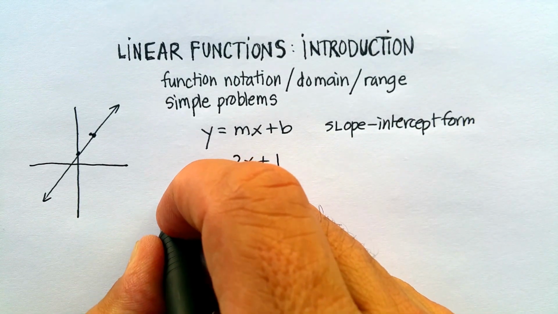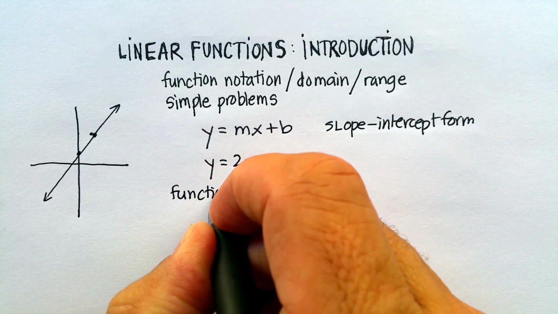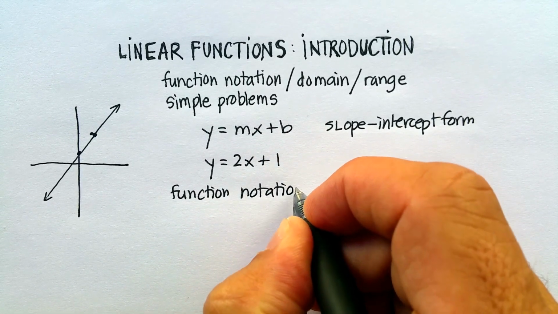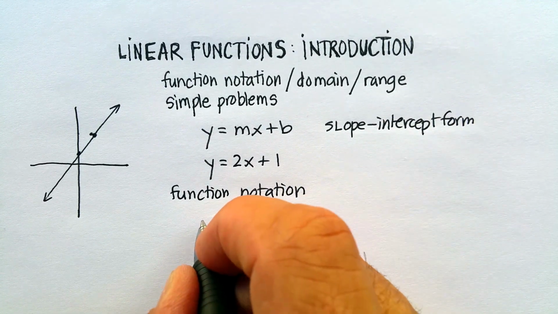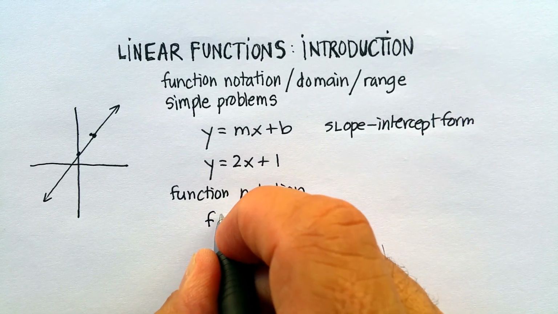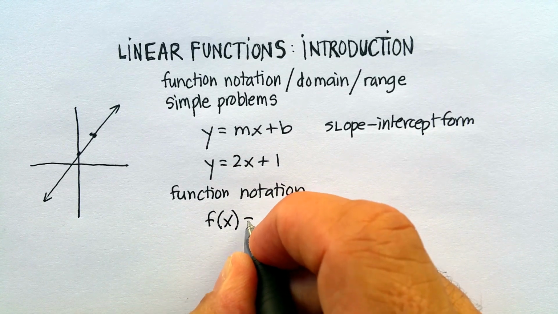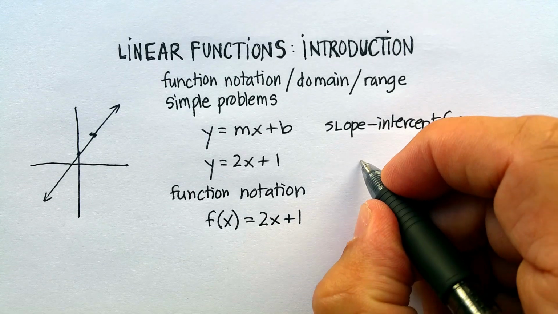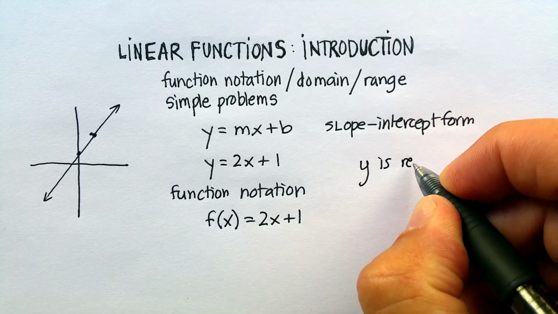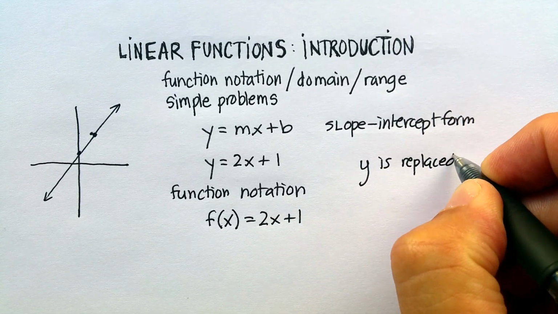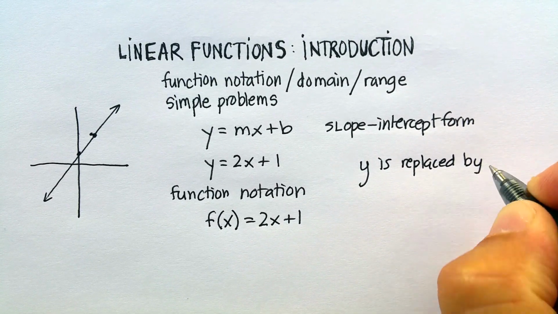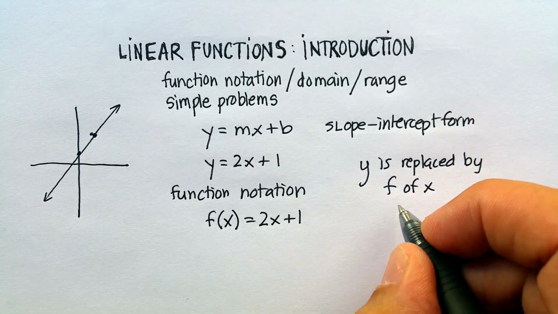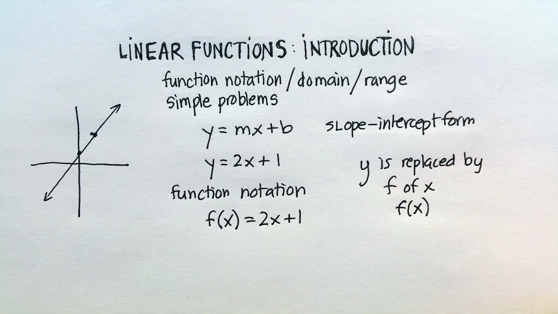Basically what we do for function notation is that we replace the y with what's called f of x. I'm just going to rewrite it as this. The y is replaced by what we call f of x, and it's written this way.